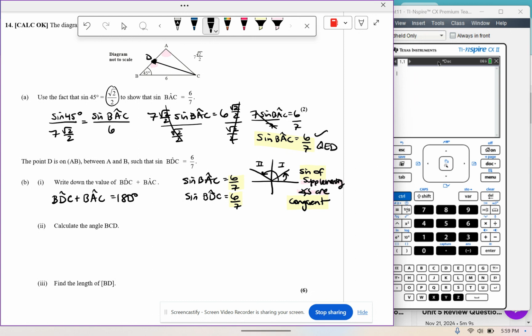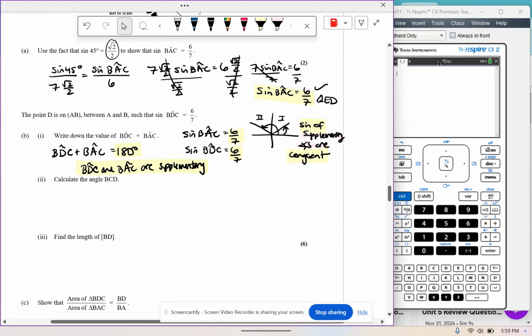So when it says write down the value of those two, it must be 180 degrees, and your reasoning could be BDC and BAC are supplementary, and we know they're supplementary because supplementary angles have the same sine ratio. Okay. Let's go to the next one.